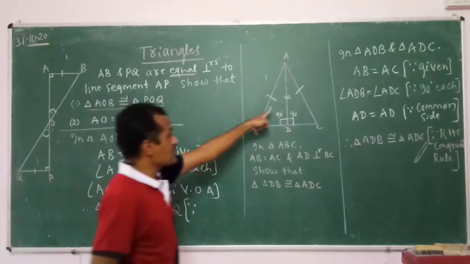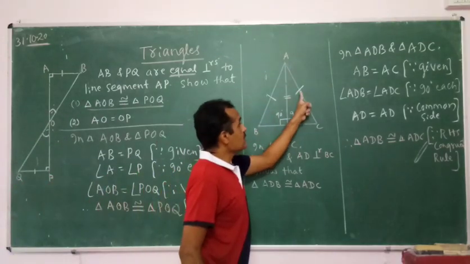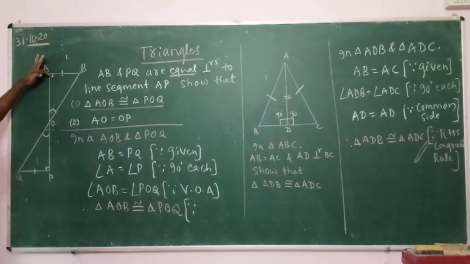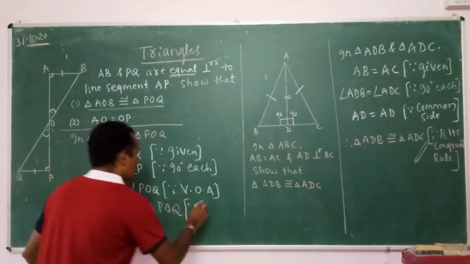Here there is a side and two angles, that means two angles and a non-included side. So it is called AAS congruence rule.